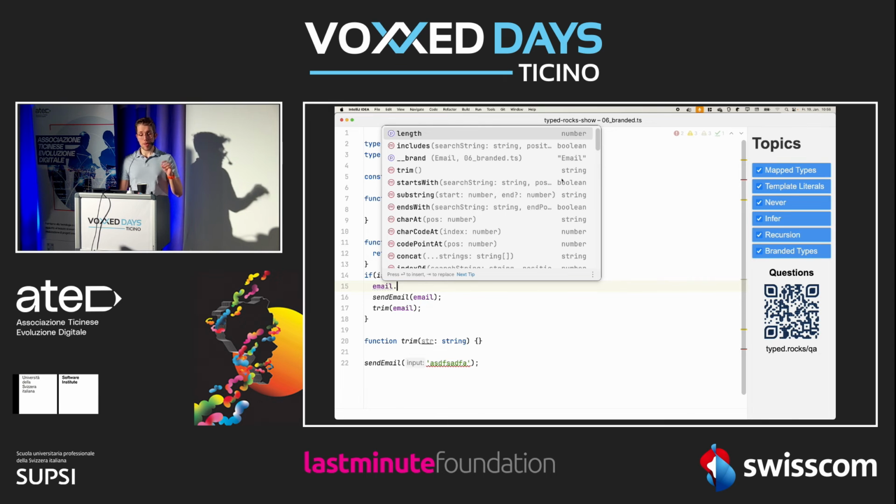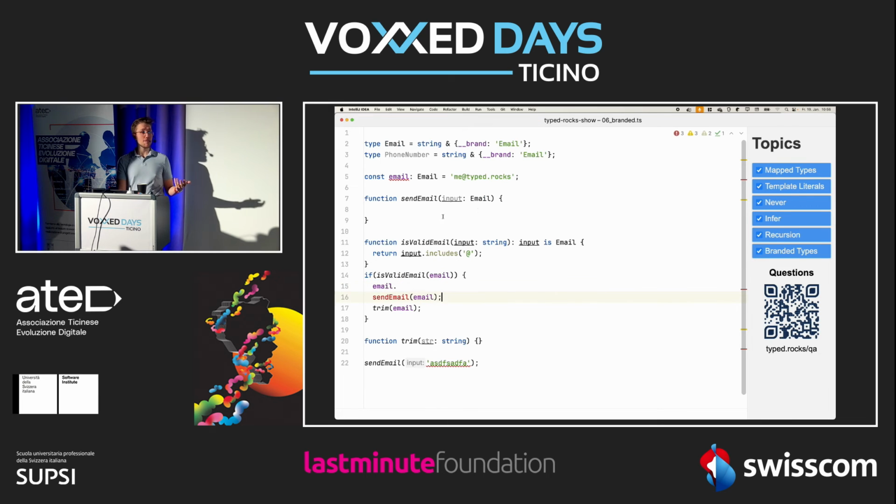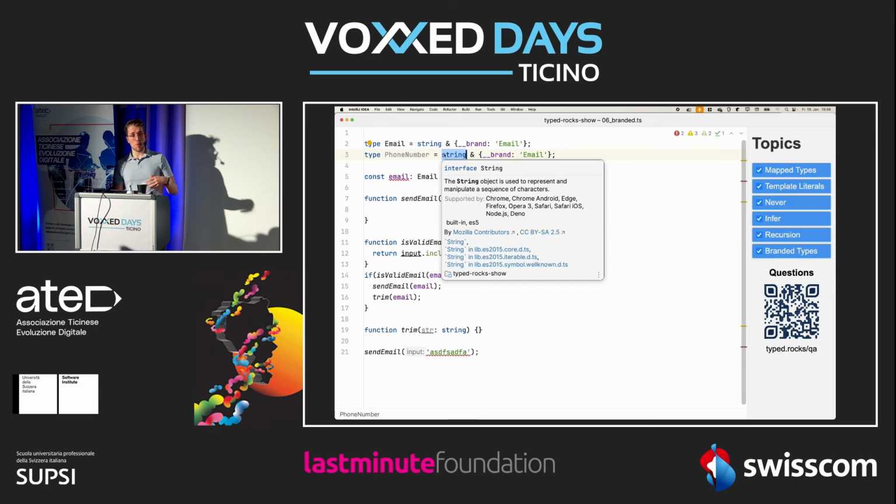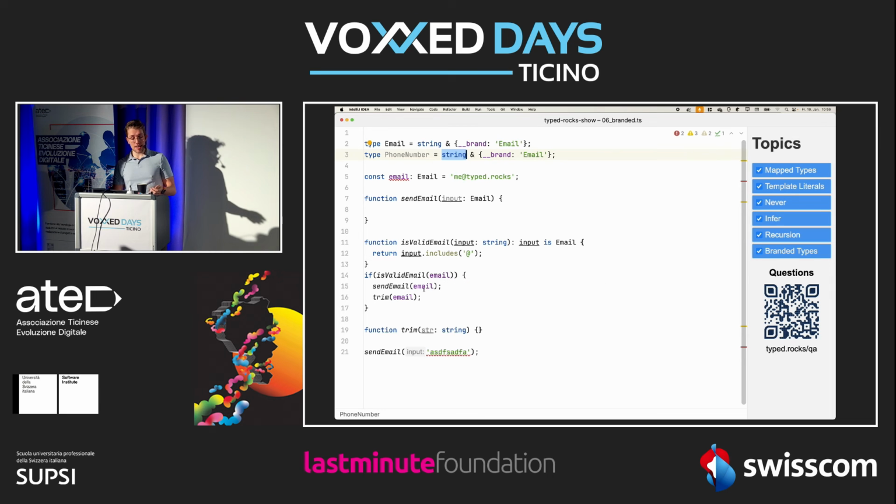But of course in JavaScript you don't have this anymore because this is just tricking TypeScript into doing this branded type. But the cool part about this is that you can easily create this for your primitives, also for example for numbers. You could say you will have a type positive number, where you can check in your validate function if this is a positive number. If so, then everywhere you use this positive number type, you can be sure that this really is a positive number.